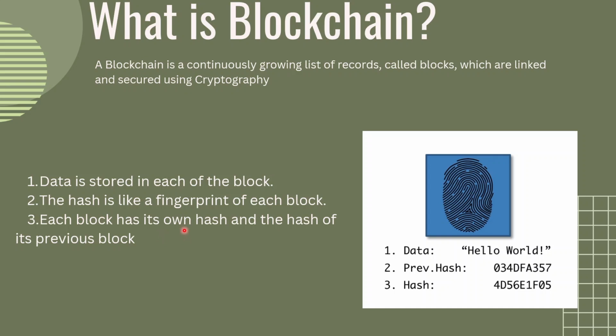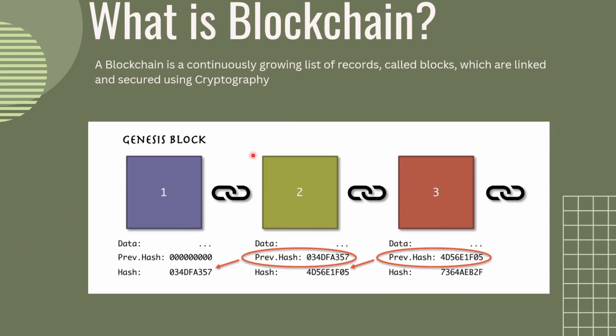Now, let's go further. This is a simple view of a blockchain. We can see that there are three blocks of the blockchain and there are more, which means the blockchain is connected with every block. Each block has data, previous hash, and hash. The first block of a blockchain is called the genesis block.